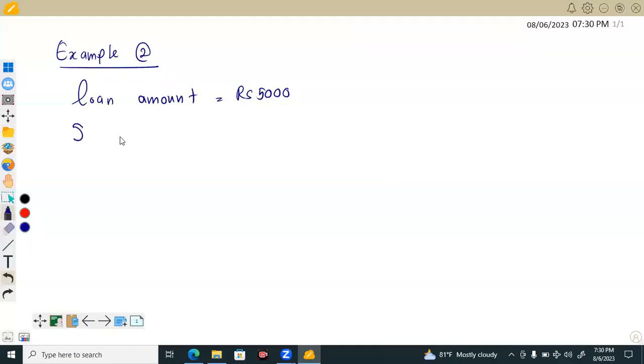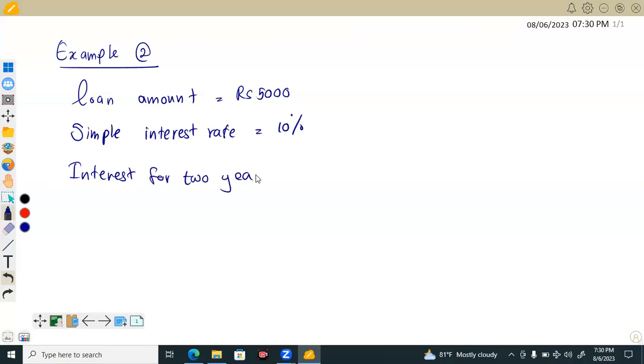Simple interest rate is 10%. Okay. Then interest for 2 years. Now, Pute, look at this very carefully.